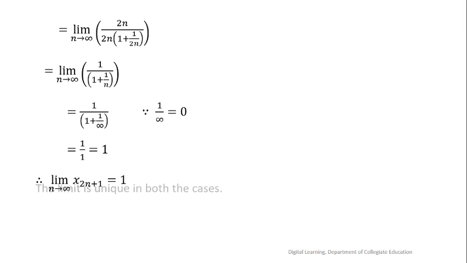Then we will get 1 by (1 plus 1 by n). When we are applying the limit as n tends to infinity, we will get 1 by (1 plus 1 by infinity). Here 1 by infinity value is 0. Then we will get 1 by 1, that should be equal to 1. Therefore, limit of x 2n plus 1 as n tends to infinity value is 1.